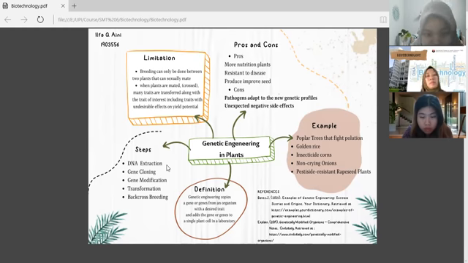For the second step, it's gene cloning. It's about locating and copying the gene. In this step, we will be separating the single gene of interest from the rest of the extracted genes.